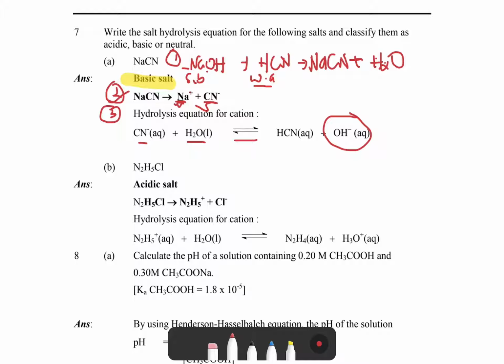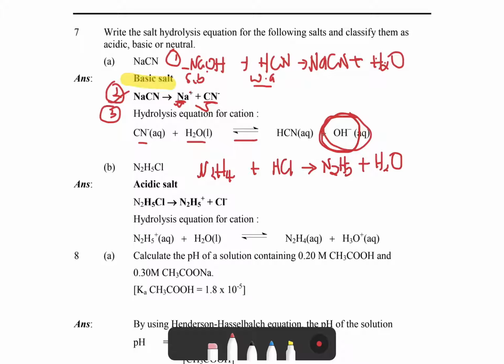And then after they react with H2O, tengok dia punya product lah. If the product is OH minus, then dia adalah basic salt. Alright, B salt dia N2H5Cl. So dia berasal dari N2H4 react with HCl to produce N2H5Cl and H2O.